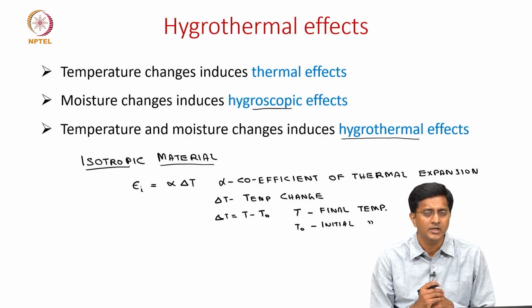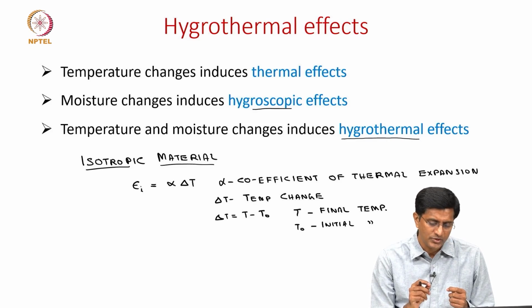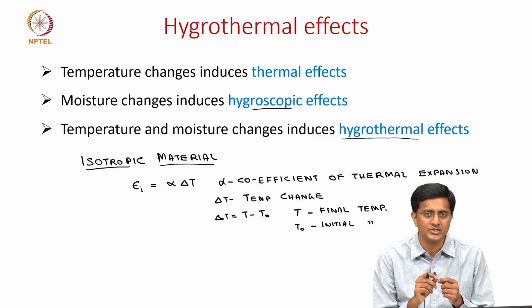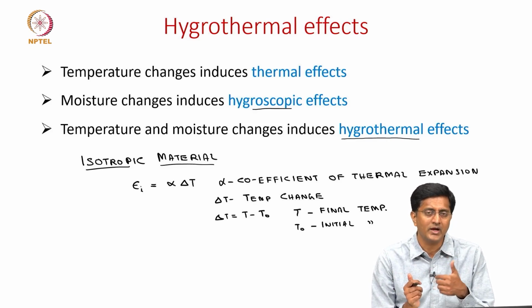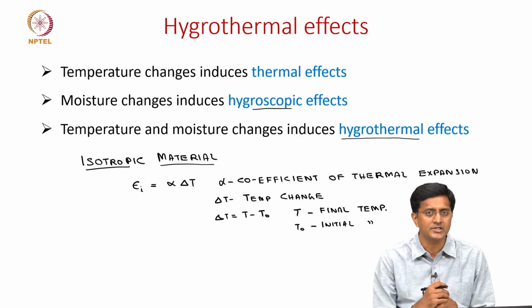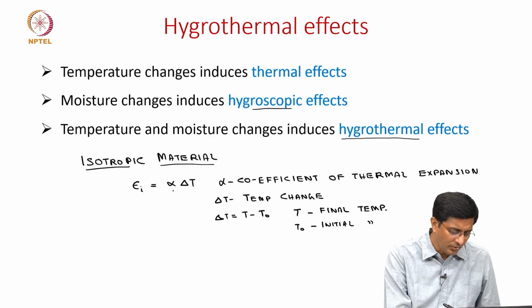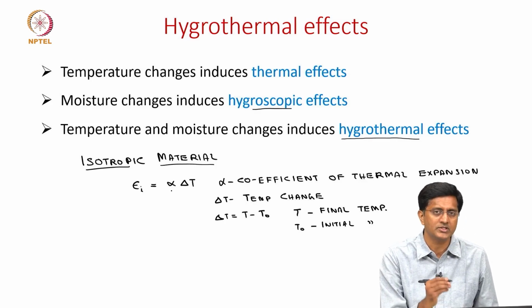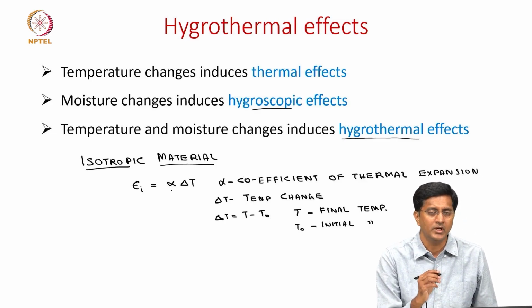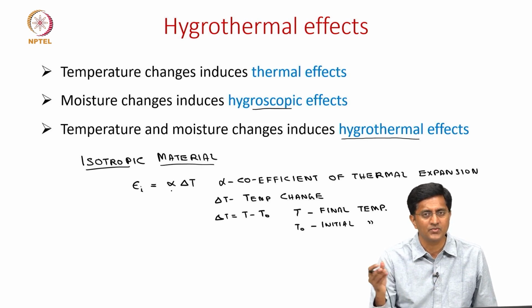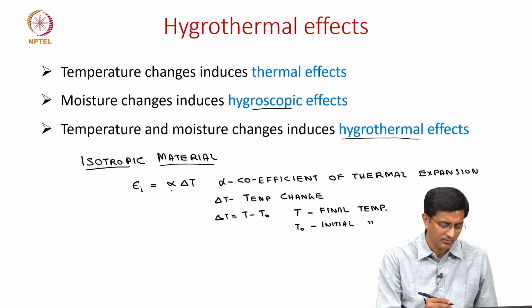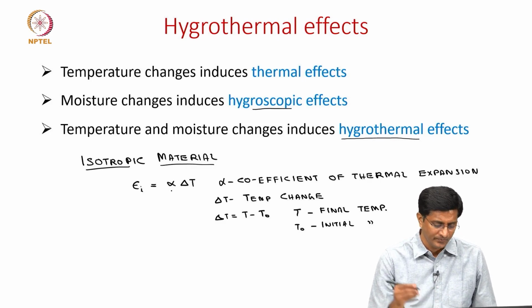What does it mean? It means that the coefficient of thermal expansion in the direction x as well as y and z, in all three directions, we have the same alpha value. That is why there is no need to represent this alpha with a subscript like alpha 1, alpha 2, alpha 3 or alpha x, y and z, all three are the same. So we can simply write it as alpha and that should suffice.